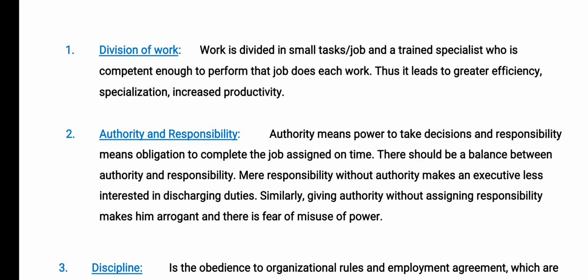So in this principle, Fayol wants to state that number 1, work should be divided into small tasks. Second, each job should be performed by a trained specialist.